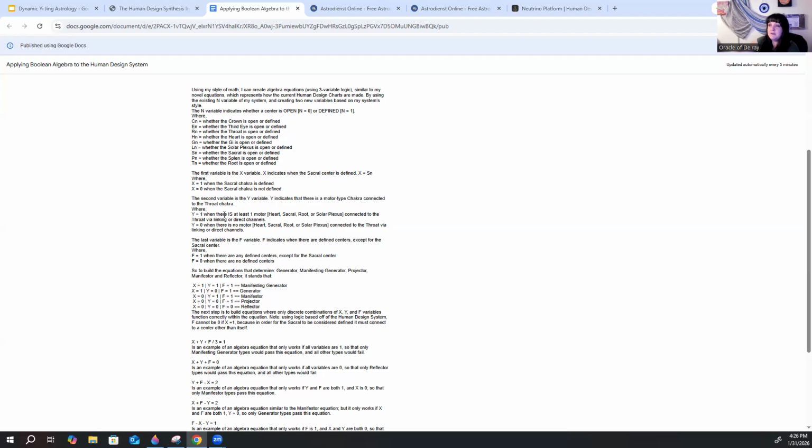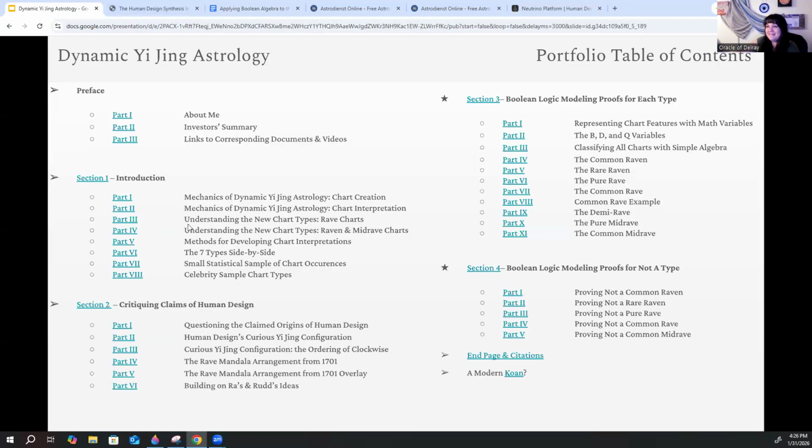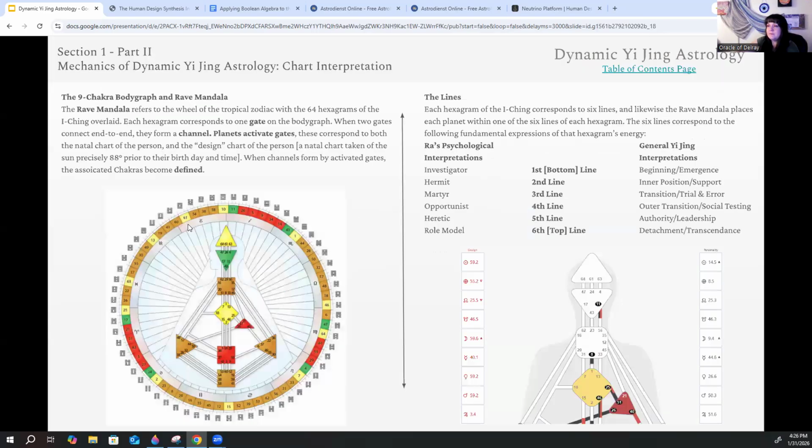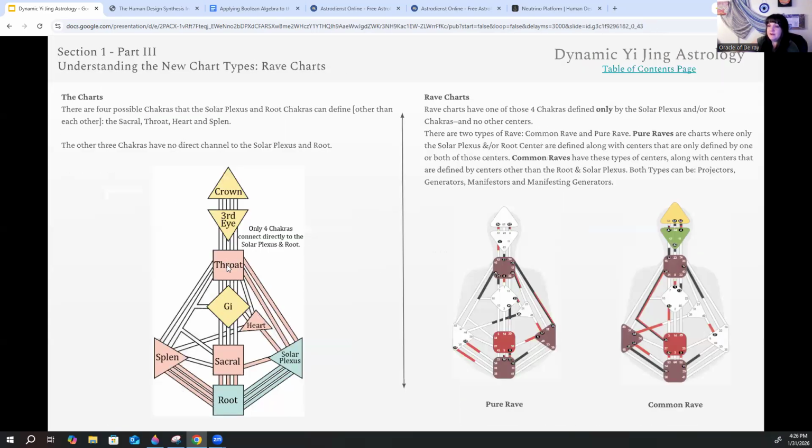The Y variable indicates when there is at least one motor connected to the throat. What that means: here's the throat chakra. The motor centers are chakras that are considered highly energetic, which are the solar plexus, the root, the sacral, and the heart. So a motor connected to the throat would be one of these 4 chakras having a channel connection to the throat, either directly or indirectly.